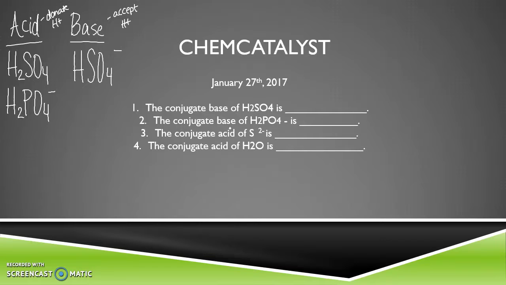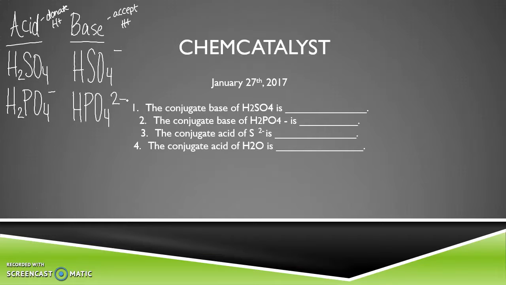So instead of 2 hydrogens, there's only going to be 1. So we have HPO4. It's looking very similar to the one above it, except the charge is going to be different. This one already had a -1 when we started. Now it has to go down again to be a 2- charge. So be careful of that. If you're becoming a base, you're losing a hydrogen and you're going down 1 charge.